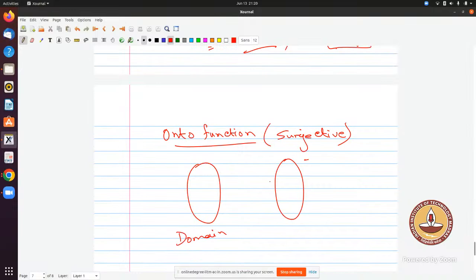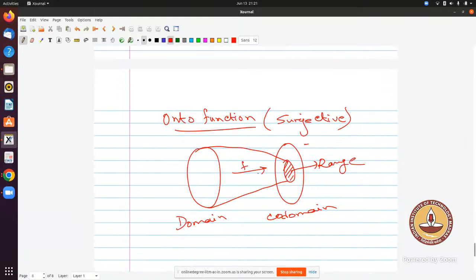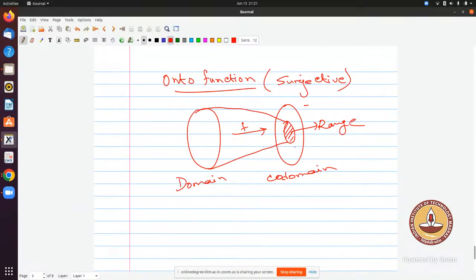Okay. There is something called codomain. Now, I have said the set of all images, the set of all outputs, is basically the range of the function. Now, range is always sitting inside the codomain, right? So range is a subset of codomain. That is always true.